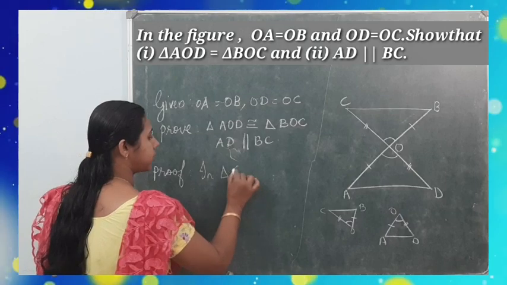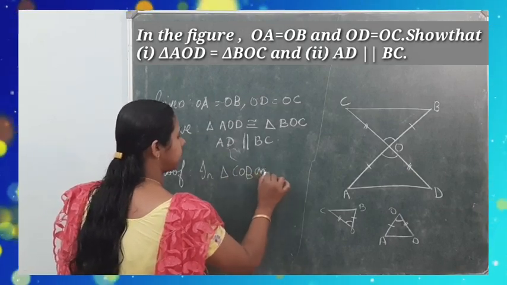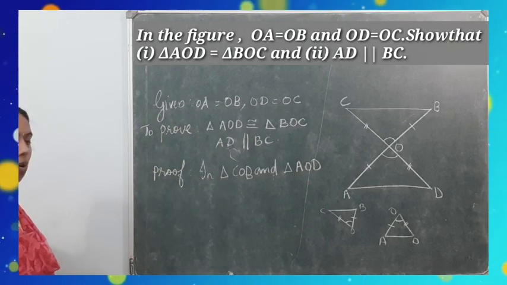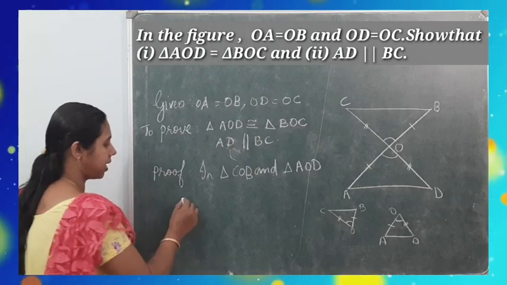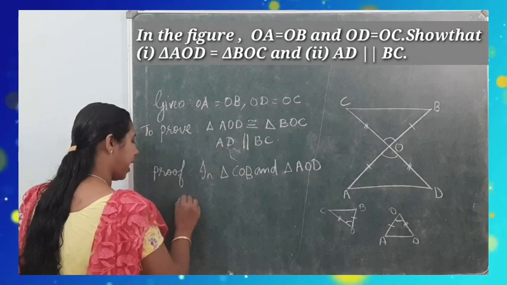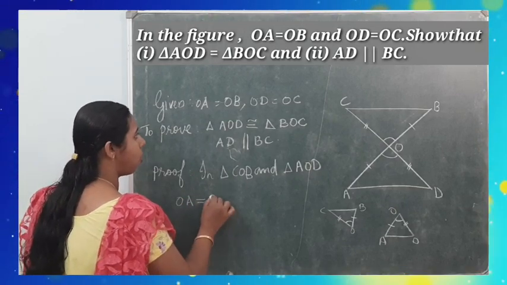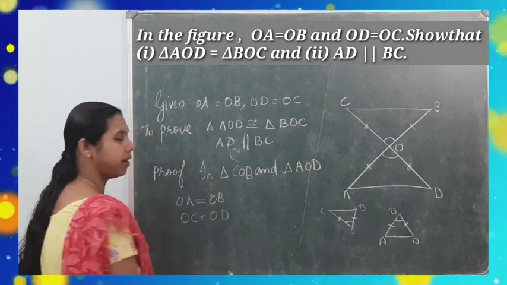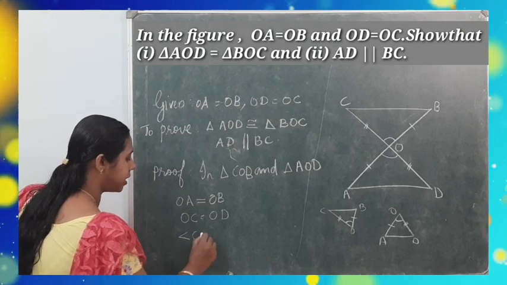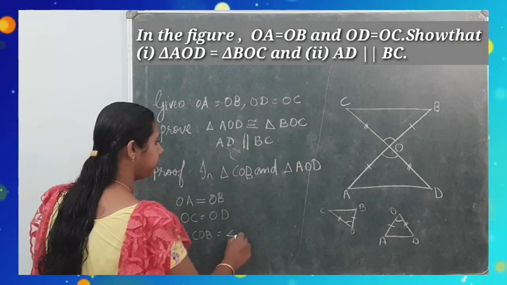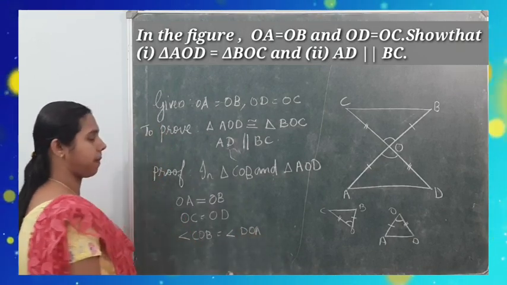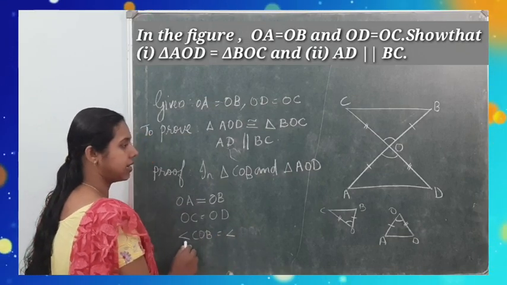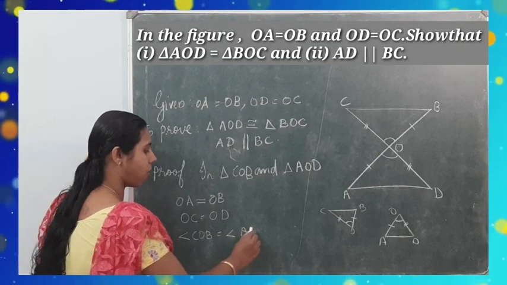In triangle COB and triangle AOD, if you consider these two triangles, we can write OA equal to OB, then OC equal to OD, and angle COB is equal to angle AOD.